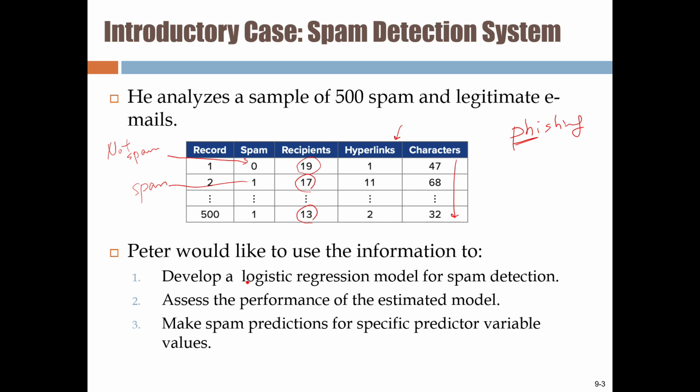We will develop a logistic regression, because this chapter is about logistic regression. Then we will find out how we can measure the performance. How we measure the performance is pretty similar.